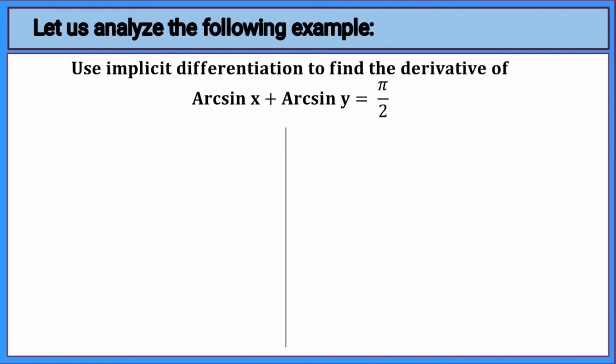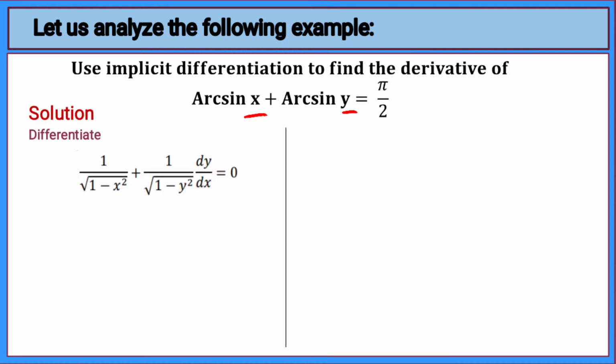And now we are going to use implicit differentiation to find the derivative of arc sine x plus arc sine y is equals to pi over 2. As you can see, we have x here and we have y here, both on the left side of the equation. So in our solution, of course, first, by the use of our rule for getting the derivative of arc sine, which is 1 over square root of 1 minus x squared, or u prime over square root of 1 minus u squared.